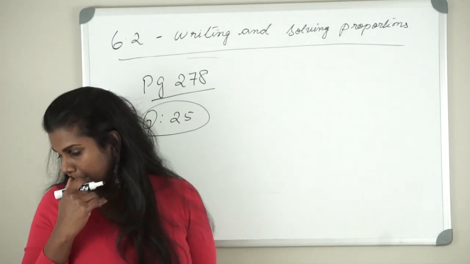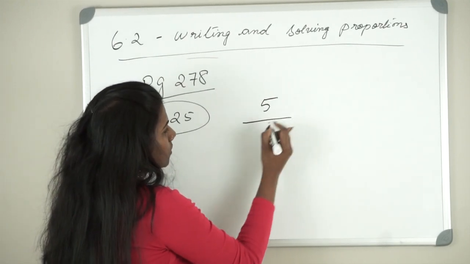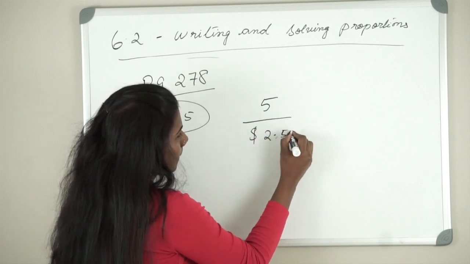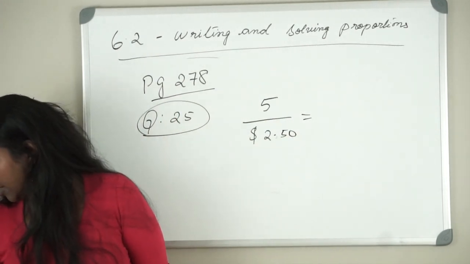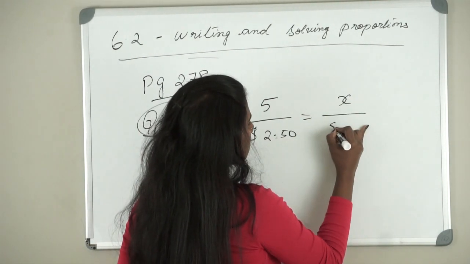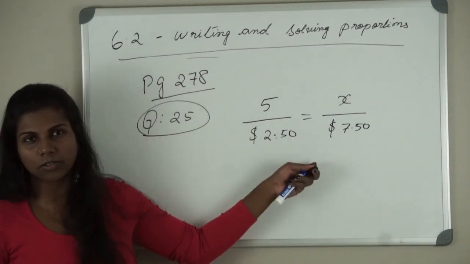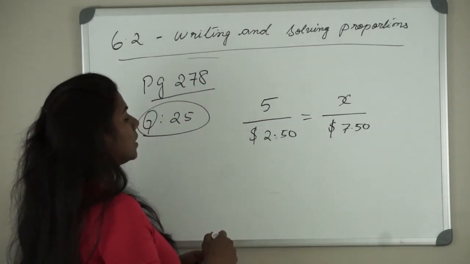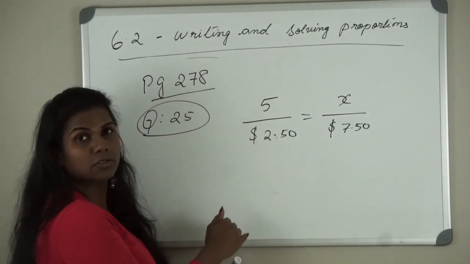So what do they say? 5 erasers cost you $2.50, equivalent to how many erasers can you buy for $7.50? Okay, so this would be your equivalent ratio. And I want you to figure out using equivalent fractions and find me the answer. Get me the answer in your note-taking notebook.